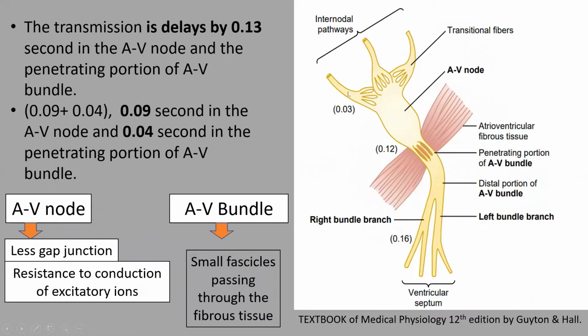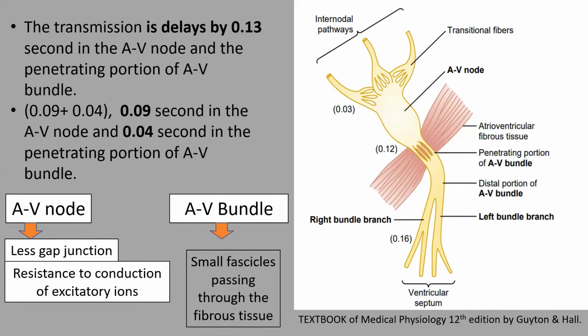So the AV node is very significant and very important. In the AV node and the penetrating portion of the AV bundle, the transmission is delayed. Both together, the AV node and the penetrating portion of the AV bundle, delay the impulse by 0.13 second.